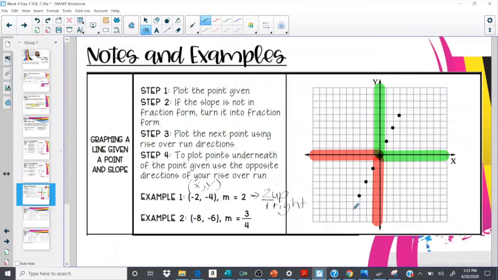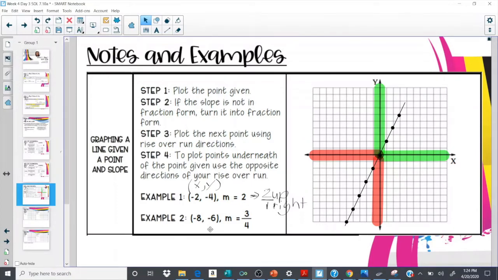Then you're going to use your ruler or your straight edge to connect your dots and create your line. And now we have graphed a line given a point and the slope.